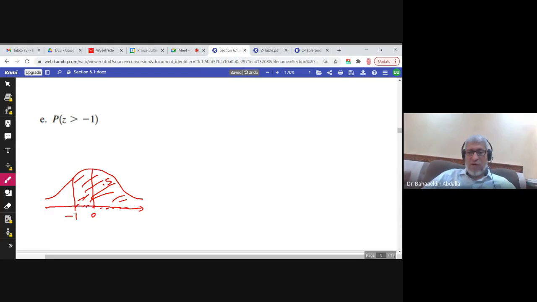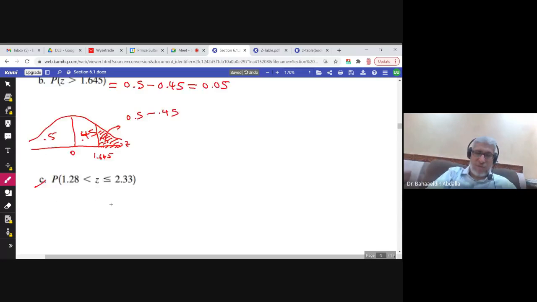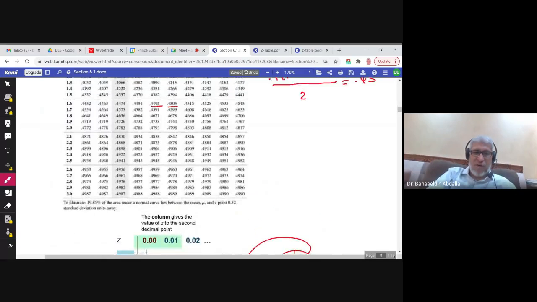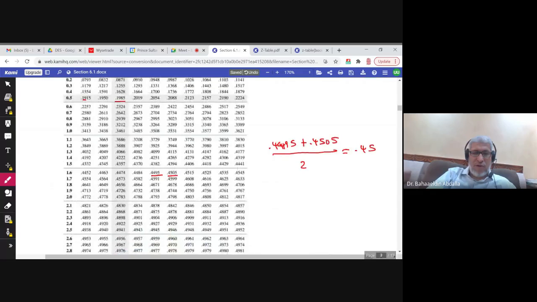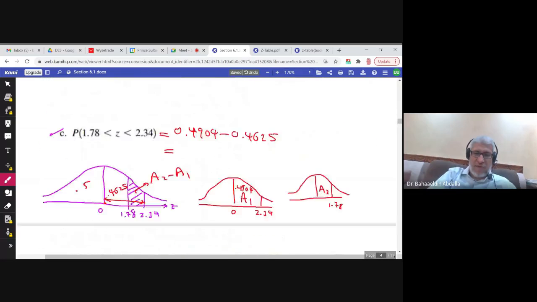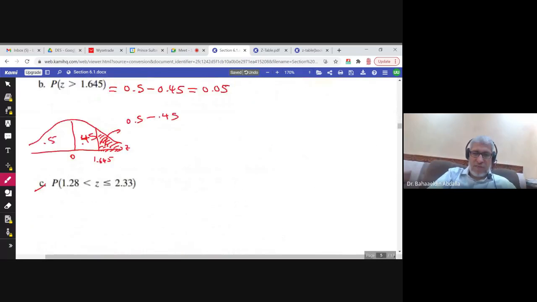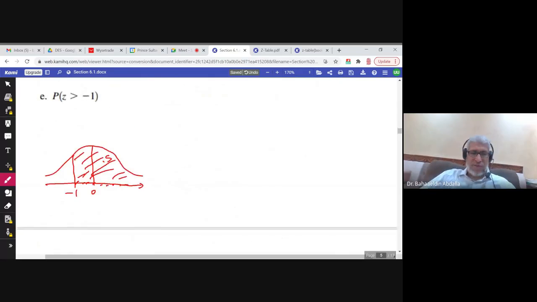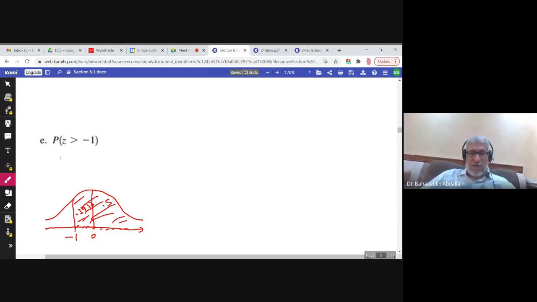By looking at 1, because the area from 0 to -1 is equal to the area from 0 to 1. So if you look to 1 in the table, 1 is 0.3413. So this area is 0.3413, and the area to the right of -1 is 0.3413 plus 0.5, which is 0.8413.